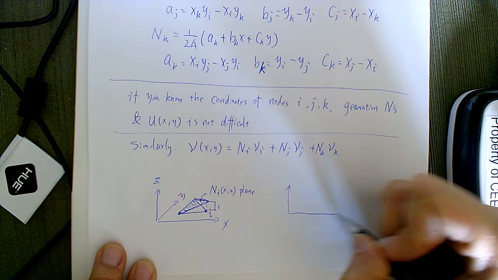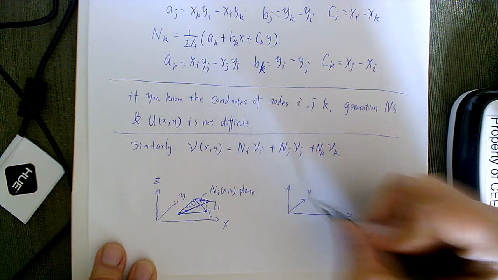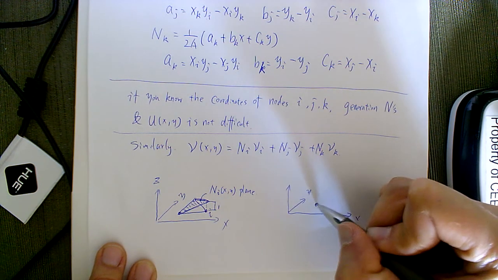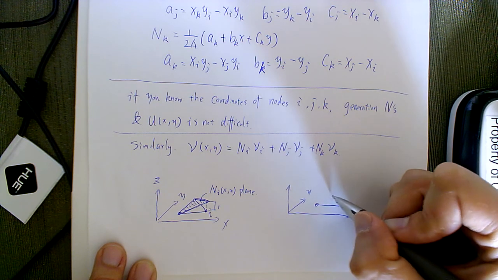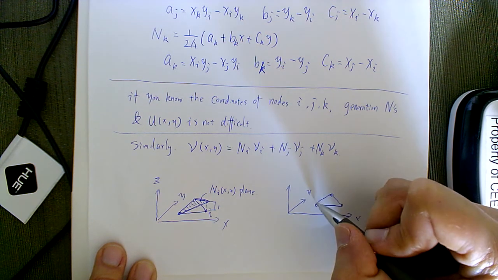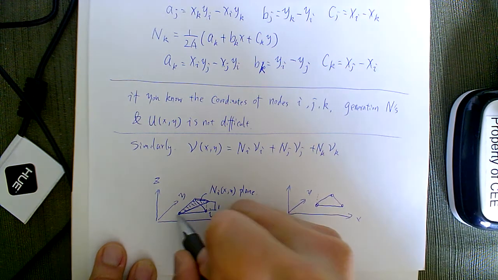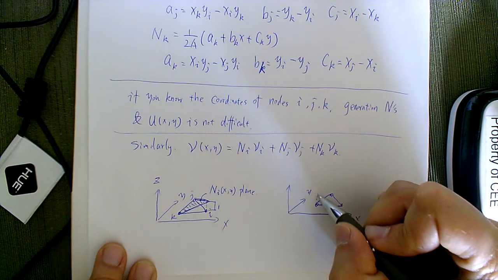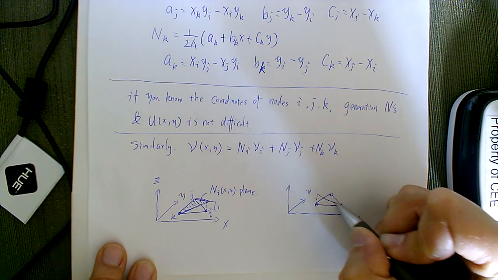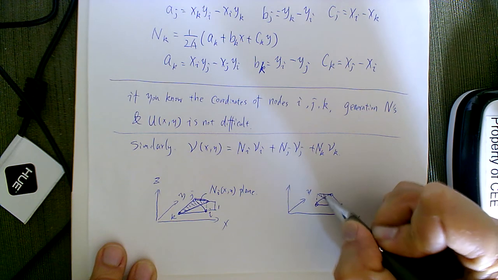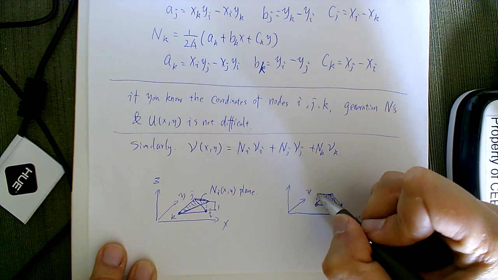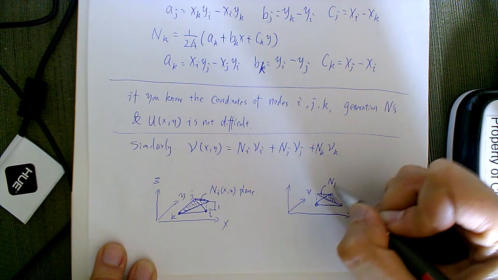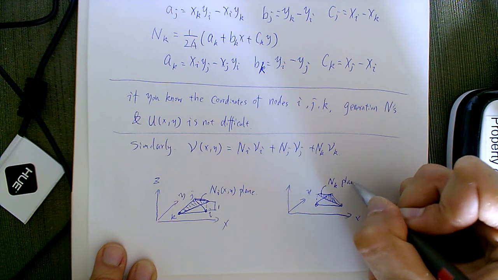I'm just gonna draw another one just for fun, trying to do a decent job. If this is i, this is k, this is j, this will be your Nk plane.